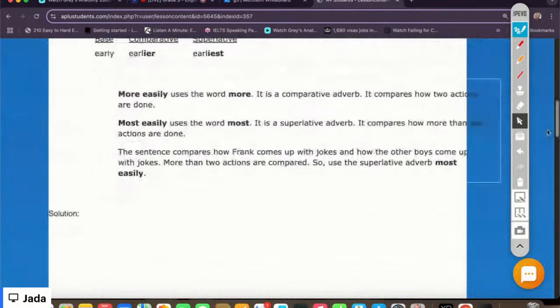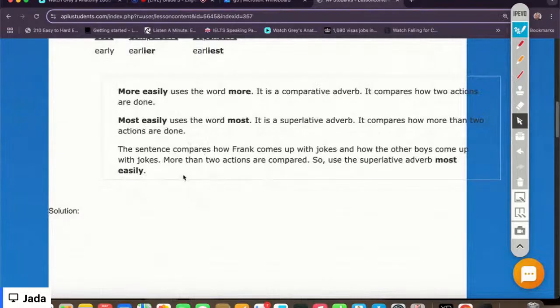So the sentence compares how Frank comes up with jokes and how the other boys come up with jokes, right? So more than two actions are compared. So use the superlative, most easily, because you can see that it's comparing Frank and more than one boy. So it's the boys, maybe two, three, four and above. So you would use the superlative.